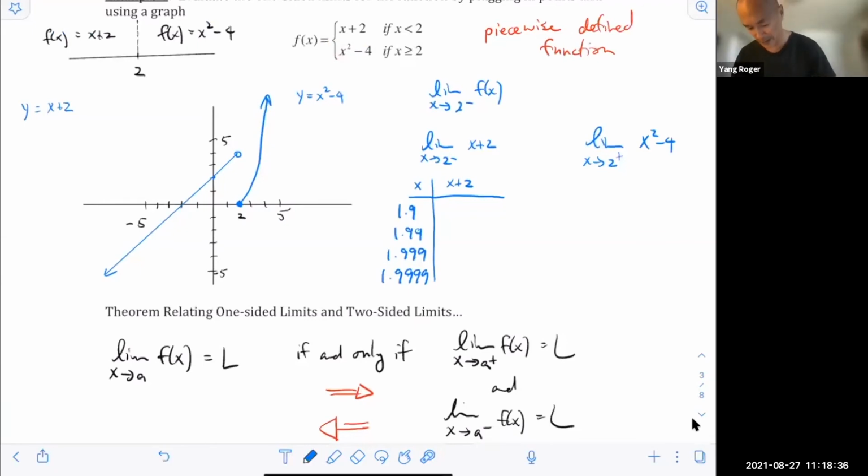And then when I create my table, I need to cook up some x values, and the y values I'm going to get by plugging in x squared minus 4 like this. So just to make sure we understand, what numbers would we plug in over here? Someone just type in the chat box and then we can move on.